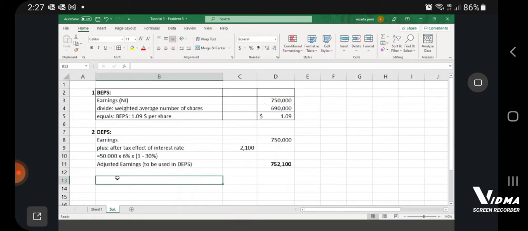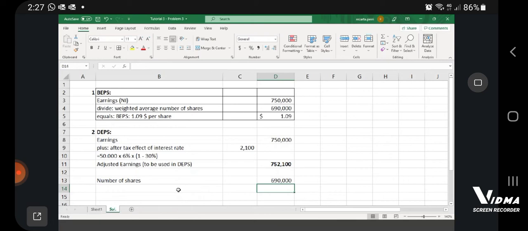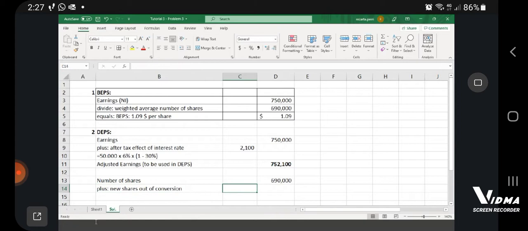Now we continue with the second component, and that is the number of shares. Of course, initially the number of shares is the first one before adjustments are made, but then I have to take into consideration new shares out of conversion. And at this moment of the exercise, you always have to read carefully what the exercise tells us about the terms of conversion.